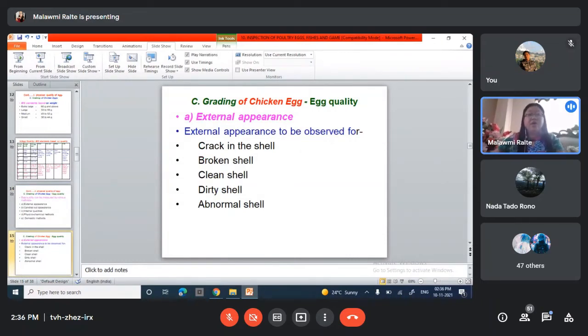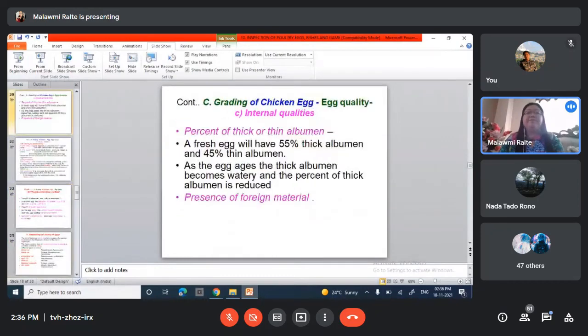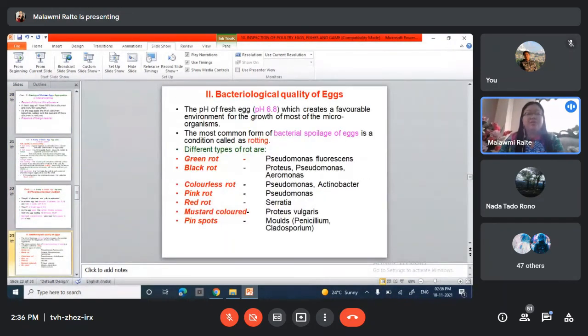Externally by the external appearance, and internally we can check the shell membrane, we can check the albumin, we can check the yolk, isn't it? So that is all about the inspection of the chicken egg.